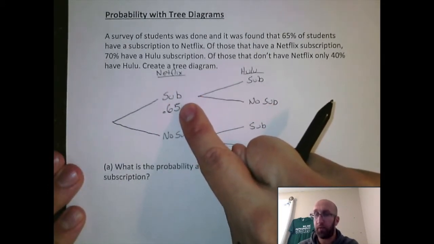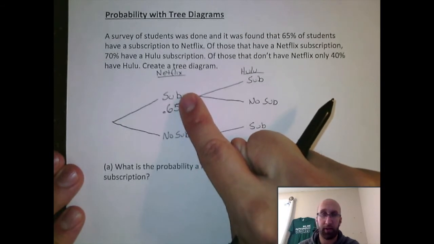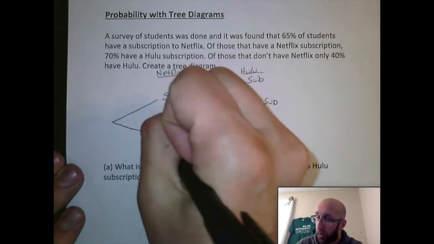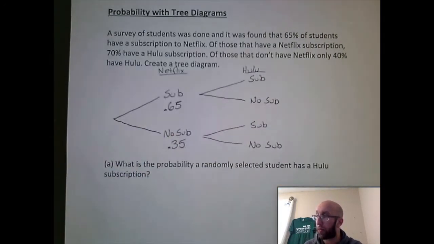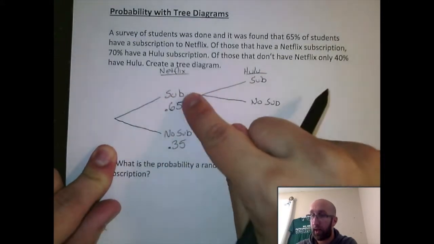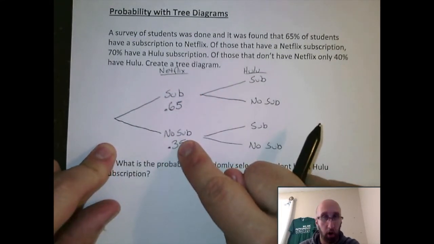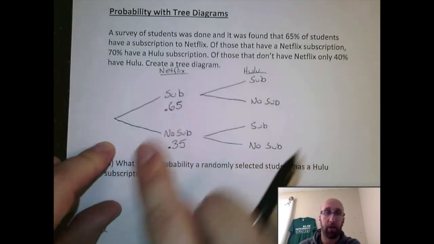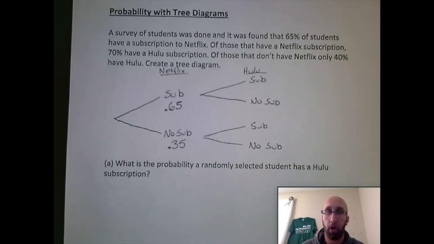If 65% of students have a subscription to Netflix, that must mean 35, or 0.35, do not have a subscription to Netflix. Notice these two branches that are directly connected add up to 1. The branches that are directly connected add up to 1.